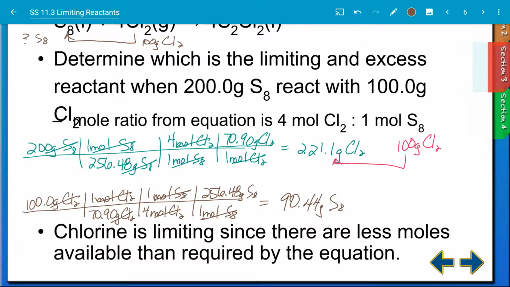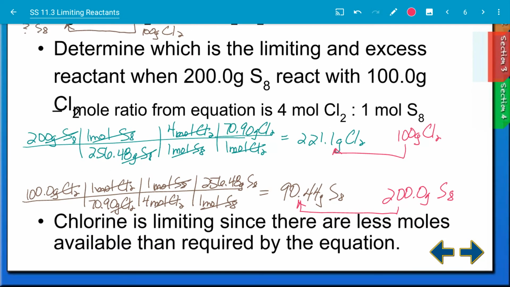So if I react all of my chlorine gas, I will use 90.44 grams of S8, but I have 200 grams of S8. I will only use up 90 grams of S8, right? So that means I won't use up all of my S8. My limiting reagent is chlorine. So I still get the same answer on that.